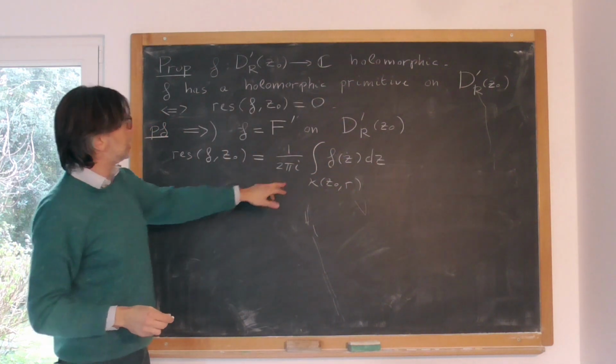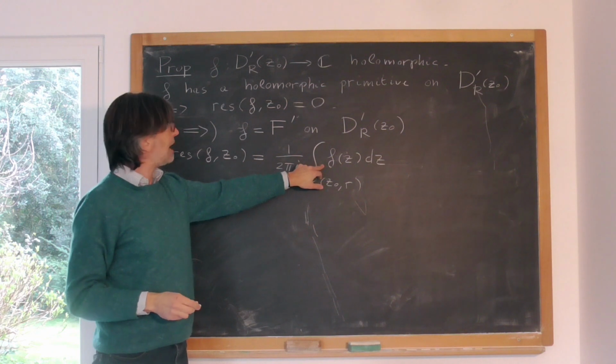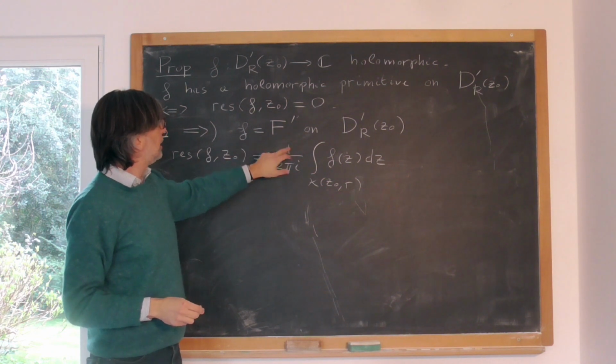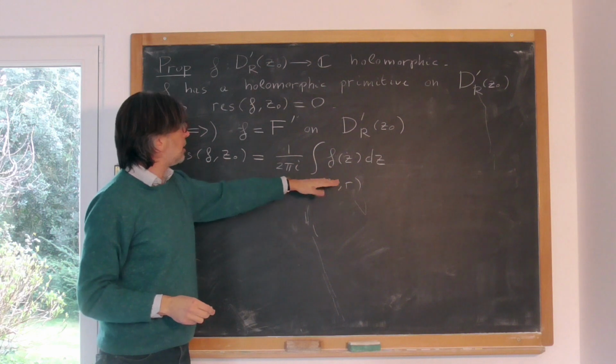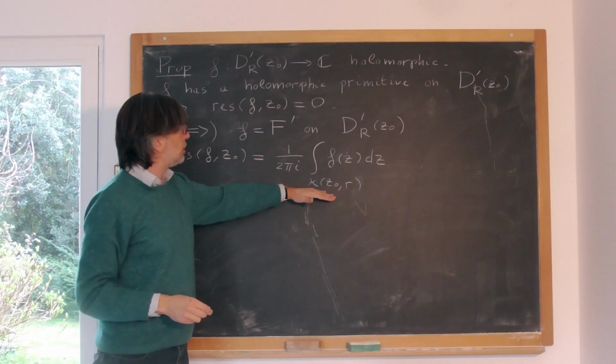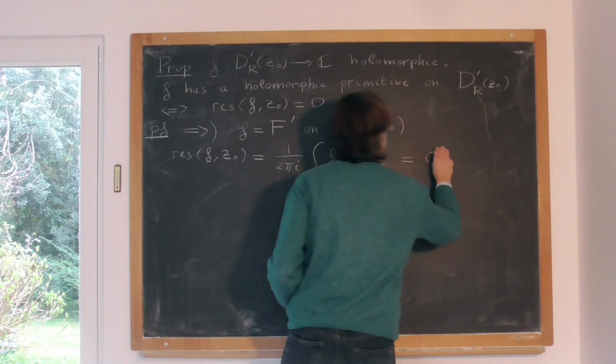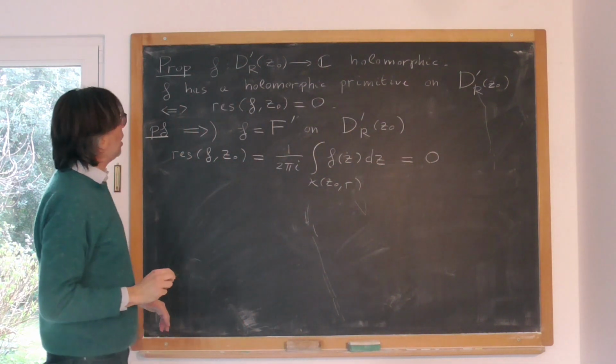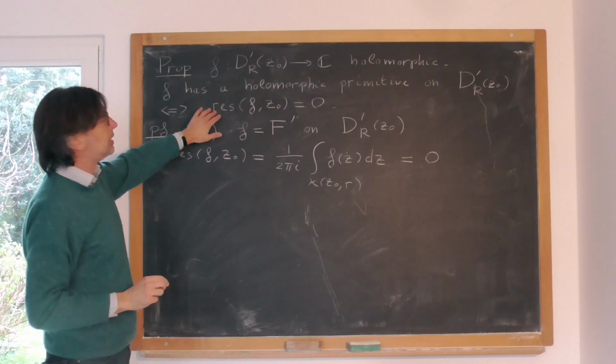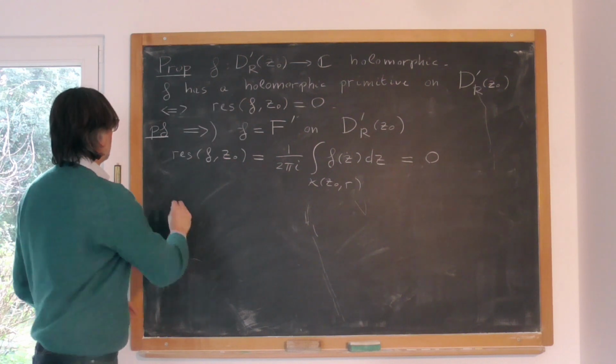But we just said that when the function small f has a primitive, then the integral on each closed curve is 0. So this has to be 0. Okay, so when we have a primitive, the residue has to be 0.